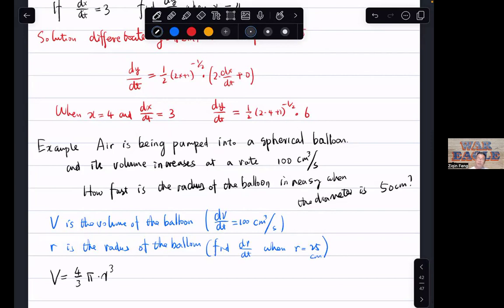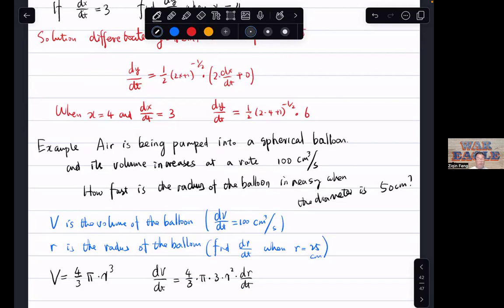Now let's differentiate this equation with respect to time t. Both volume and radius are functions of time. That's our assumption at this point. So we get dV over dt equals 4/3 times pi times 3 times r squared times dr over dt. We use the chain rule here. The outer function is the power 3 function, and the inner function is r. We don't know the function form.